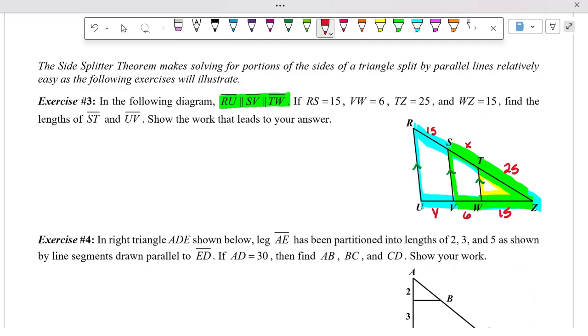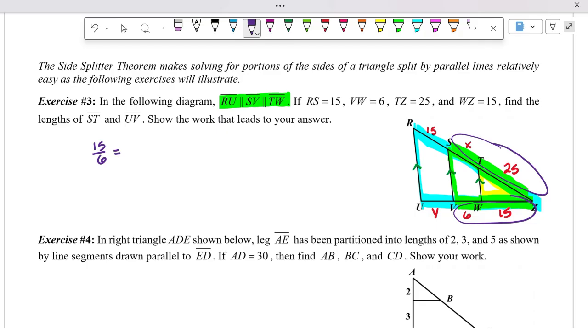So, that being said, how would I set up my first proportion? So I'm using these 2 sides. How would I set up one proportion? So 15 over 6. I'm going to set it equal to what?